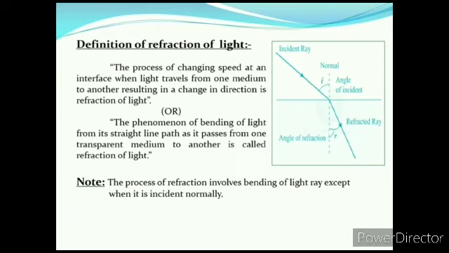One more important point, students. The process of refraction involves bending of the light ray except when it is incident normally. What is this important point? See in the figure. Here the incident ray falls at a certain angle to the normal, and the light ray is moving from one medium to another medium, so refraction takes place.